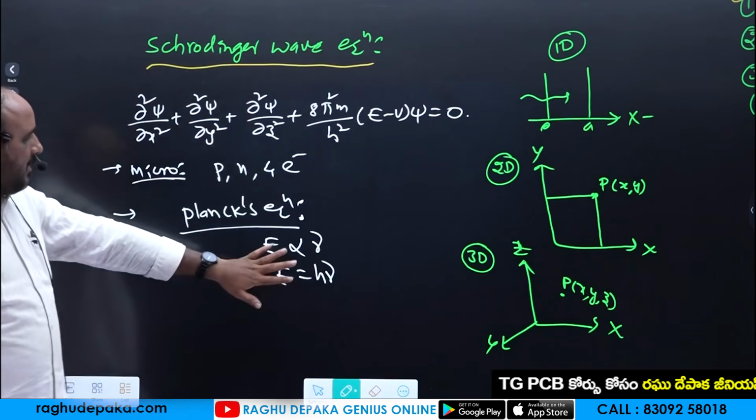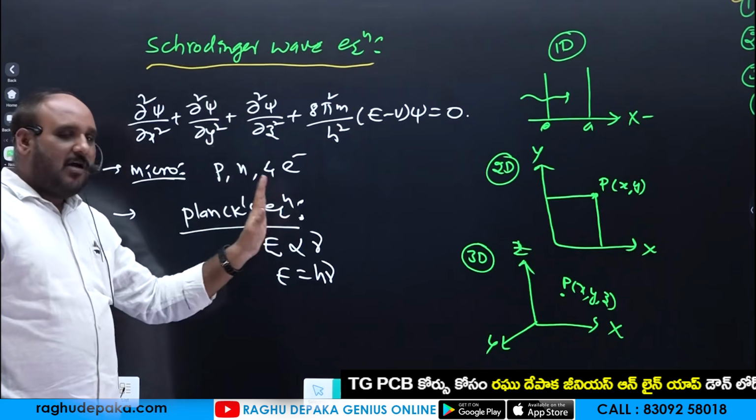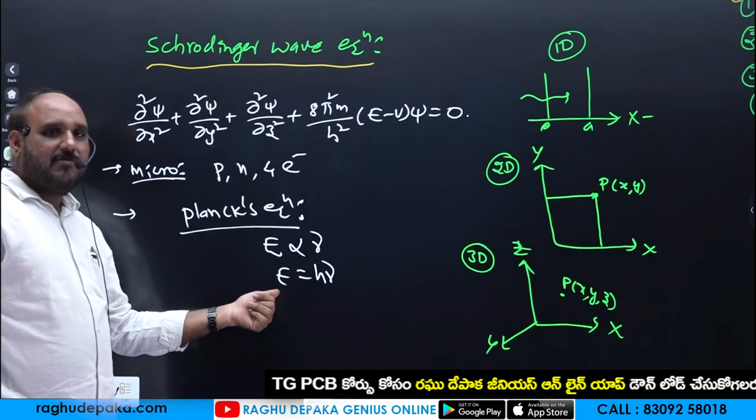This concept is the basis for getting the Schrodinger wave equation, so we have to discuss Planck's equation in detail.